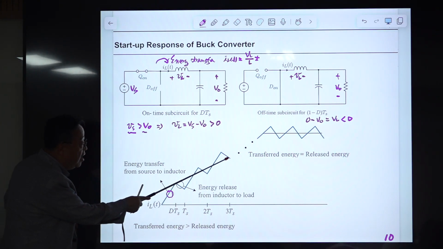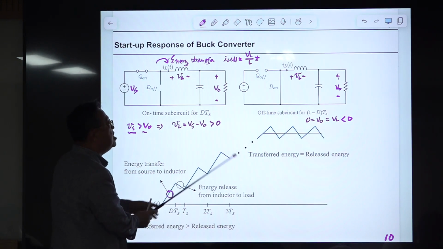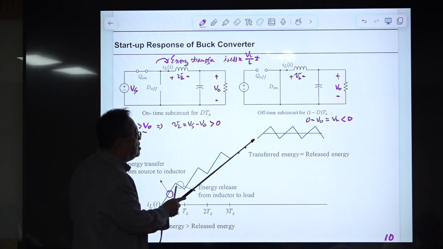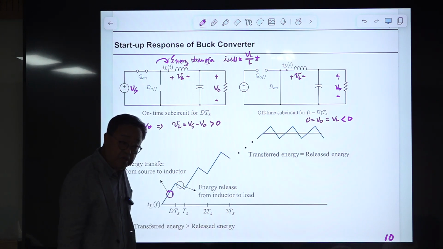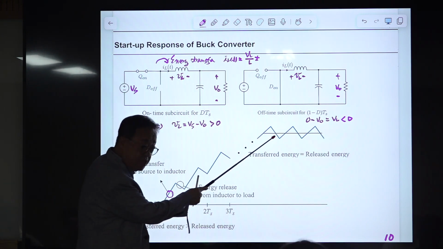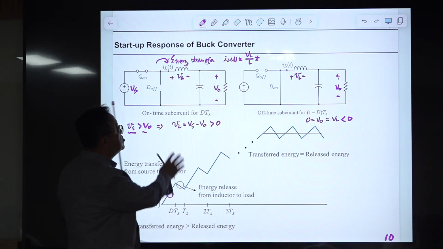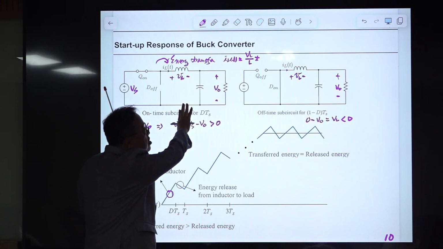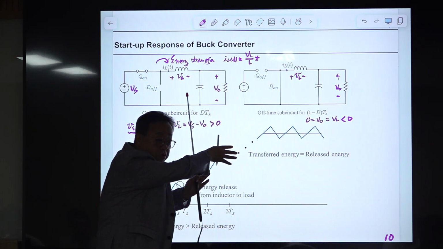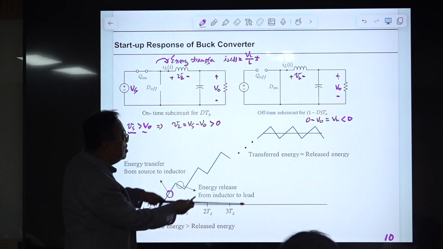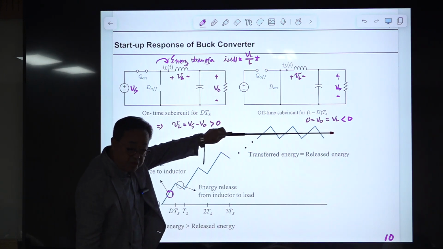All right. It goes like this, and eventually this will settle into these triangular waveforms. This slope is the same as this slope, meaning the energy transferred to the inductor is the same as the energy released from the inductor to the load. That is the steady state. Then this average value will remain the same.